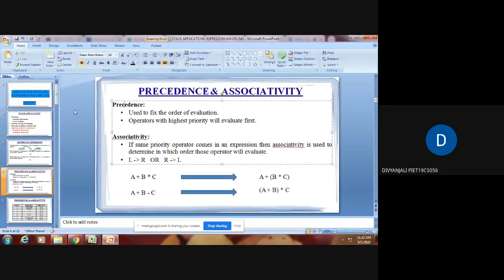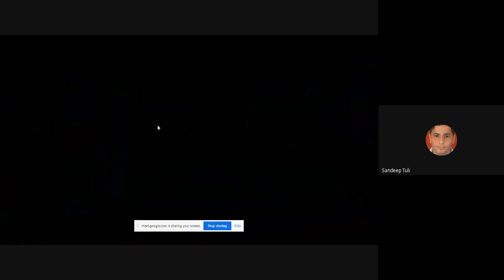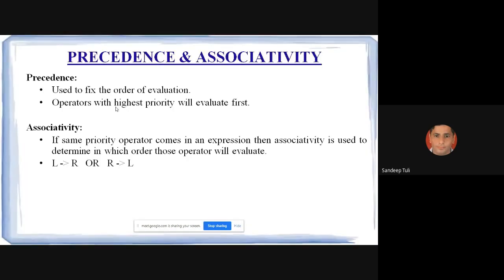It tells the preference, which should be first. It is providing the priority of the operators. It decides the priority of the operators. So the highest priority operator will operate first, and then the lower one, and then lower one, and so on.